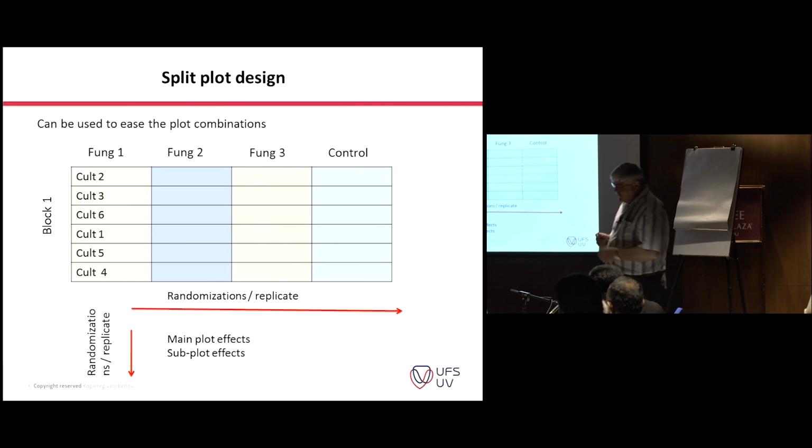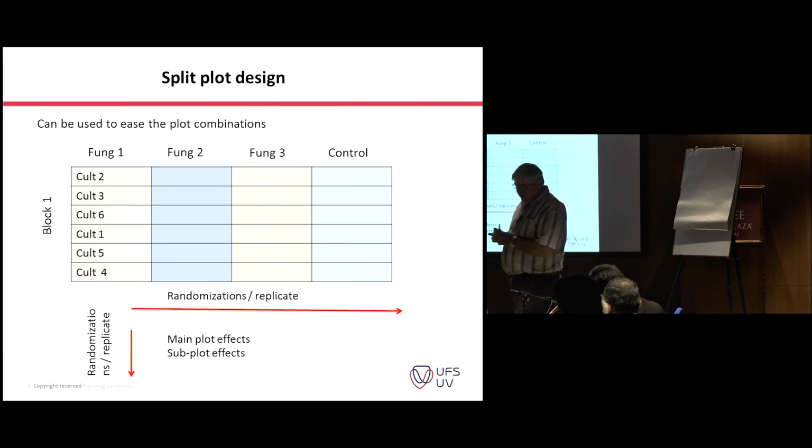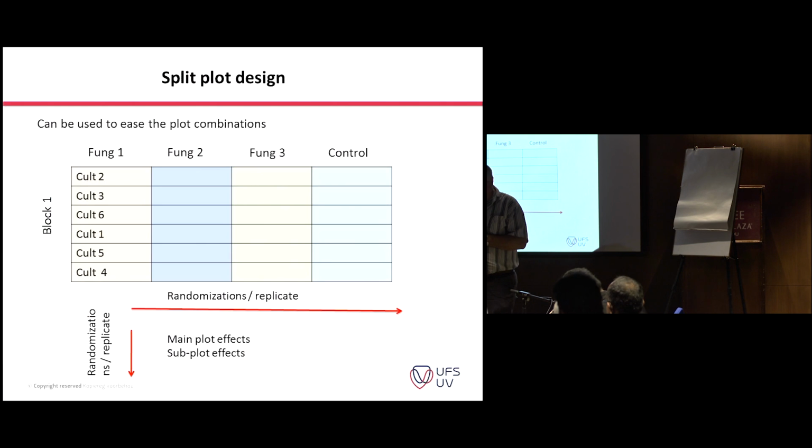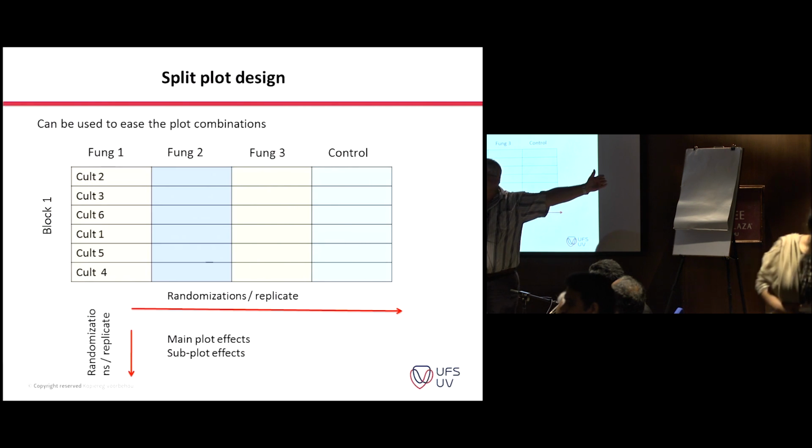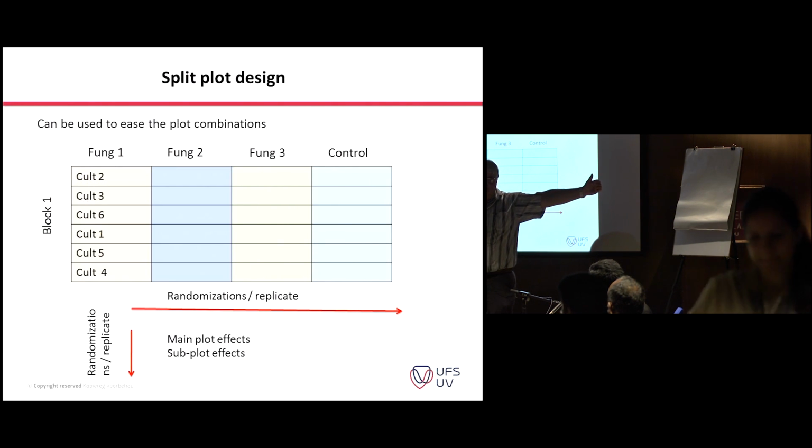Now what happens though is when you start doing factorials, if you've got 10 varieties and you've got 4 fungicides and you've got 3 fertilizer regimes, you're starting with, what did I say, 10 varieties, 3 fungicides, that's 30 times 4 fertilizer regimes, your trial is going to get extremely large.